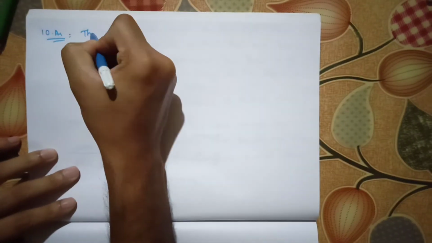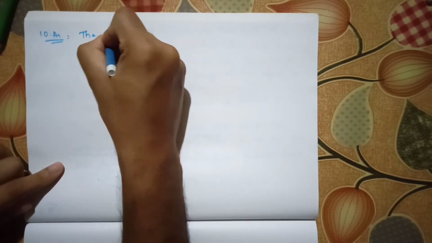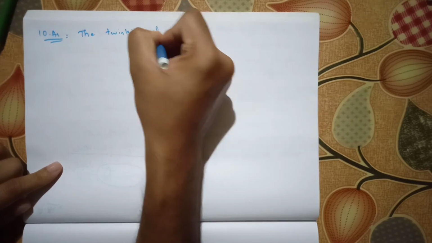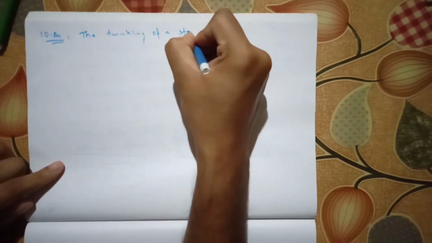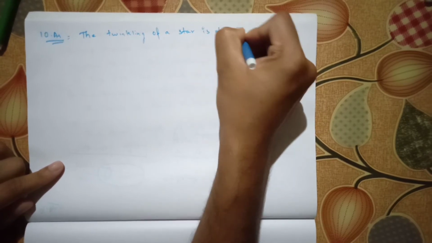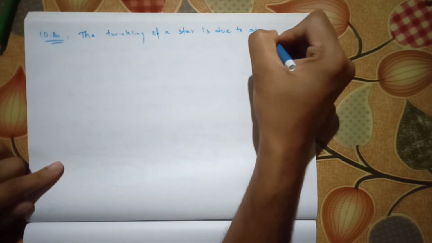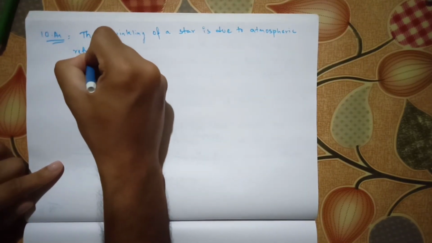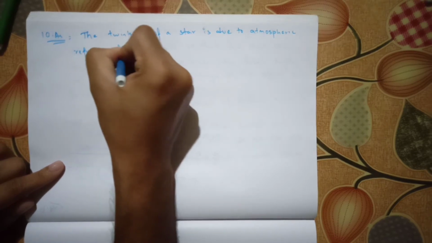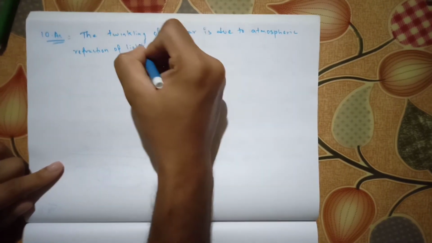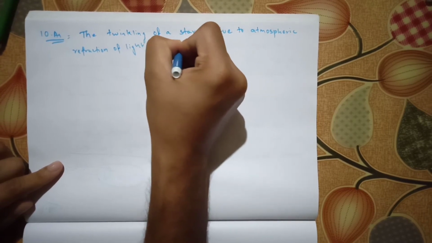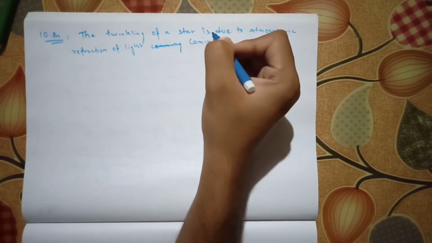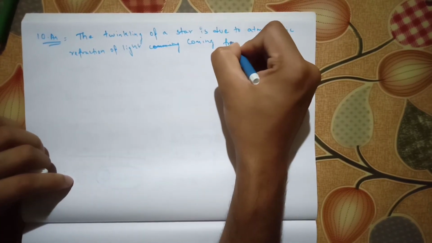Now, the answer will be: the twinkling of a star is due to atmospheric refraction of light coming from the star.